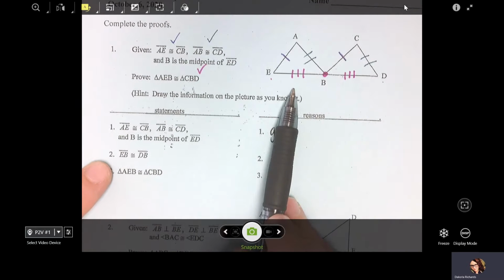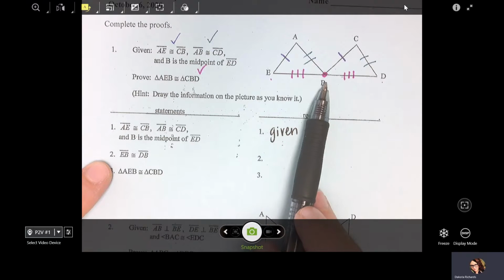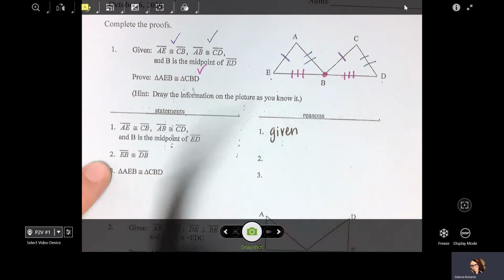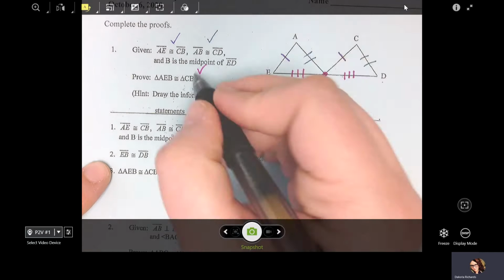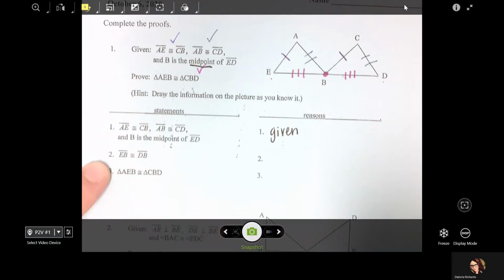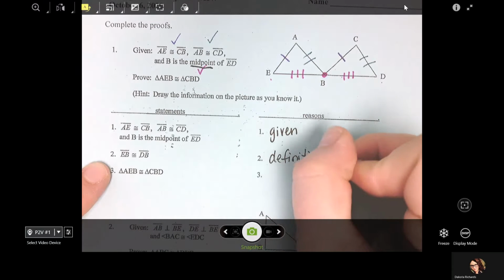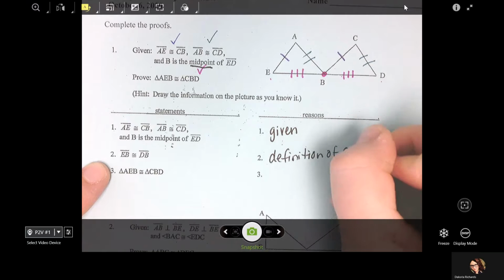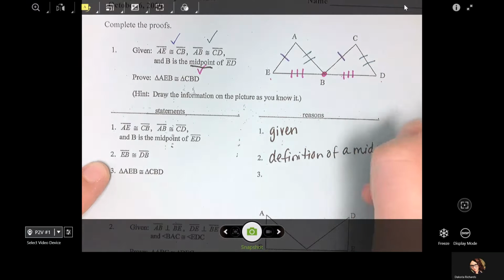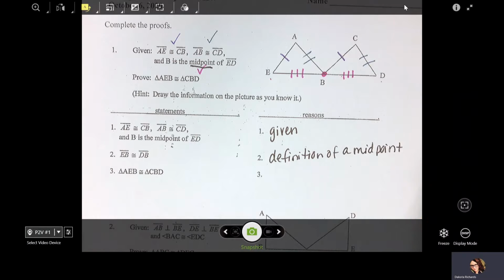So EB is congruent to DB. How did I know how to do that? I knew to do that because of the definition of a midpoint. And then how are these triangles congruent?